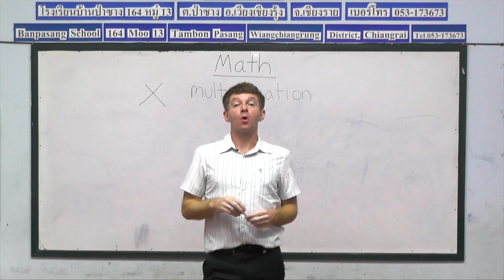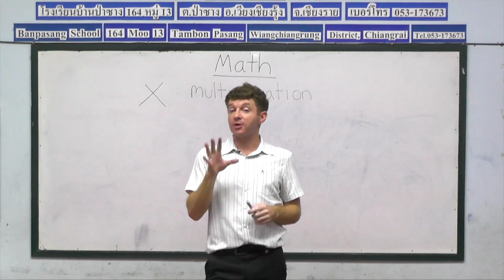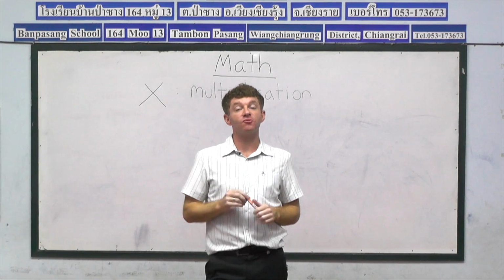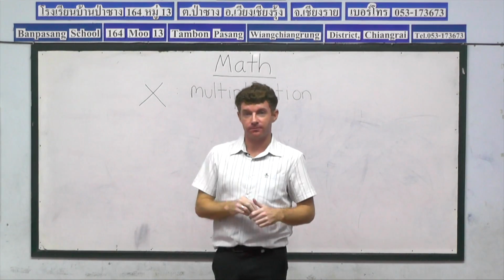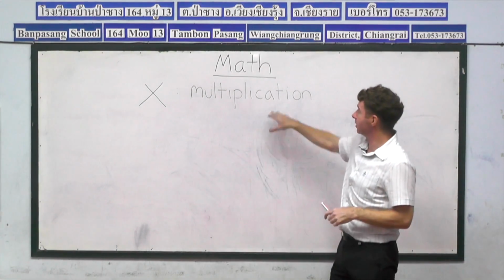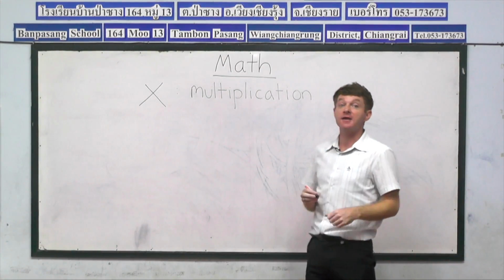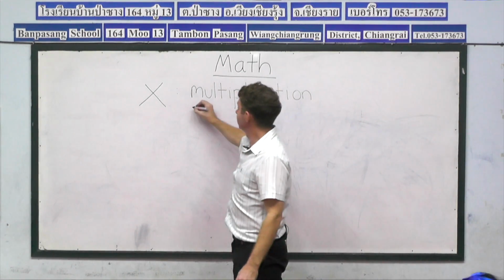So now we're going to do a demonstration of how to correctly answer multiplication word problems on the board. So first of all, we have our word multiplication. Now we need word problems. W-O-R-D.